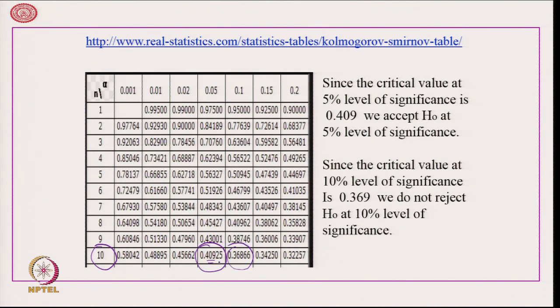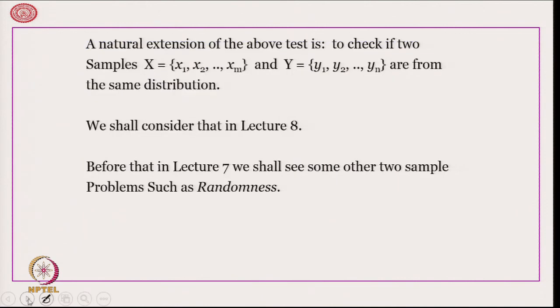So, we are comparing our obtained value with these values. What we have obtained is 0.22. Therefore, we accept H0 at 5% level of significance, and also we cannot reject it at 10% level of significance. That means we are going to accept it also at 10% level of significance.